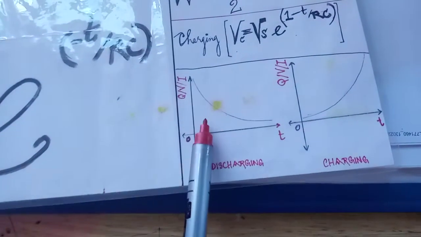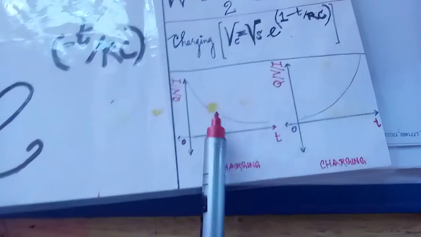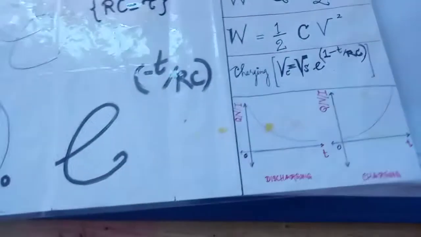Now, first of all, whenever a capacitor charges, it has to discharge. Charge, discharge, charge, discharge. And the equations for discharging are as follows.